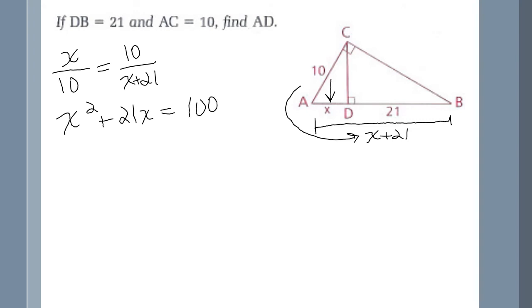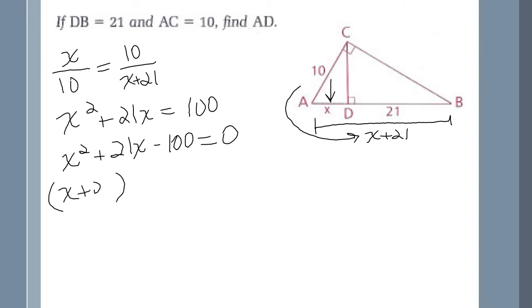Subtract 100 from each side, I get x squared plus 21x minus 100 equals 0. So now we're going to go ahead and factor this. The factors of negative 100 that add up to positive 21, or that are 4 apart. Well, that's pretty easy. That's going to be x plus 25 and x minus 4 equals 0.